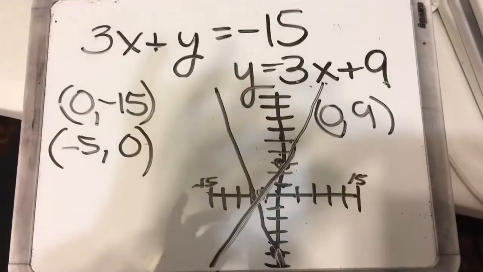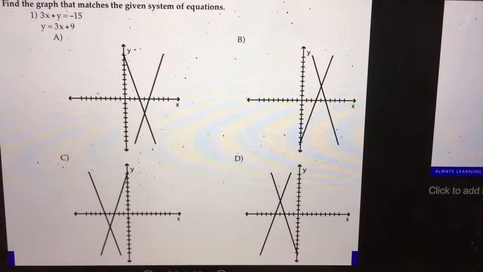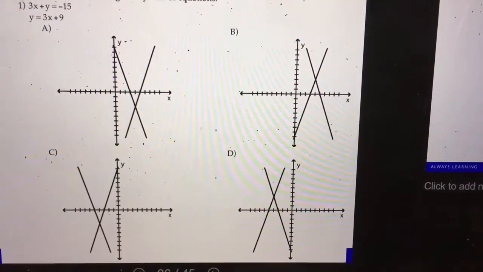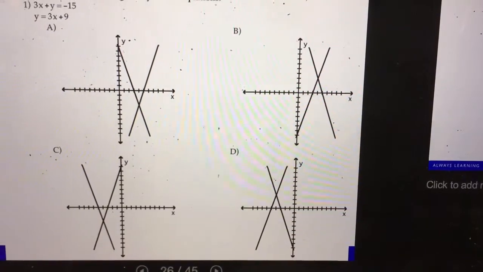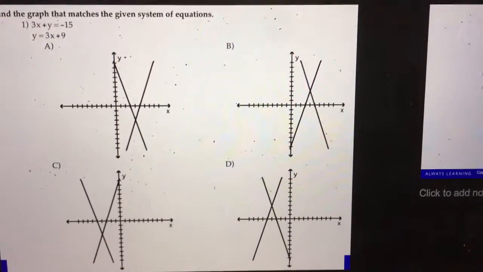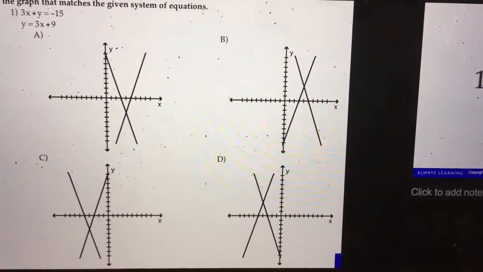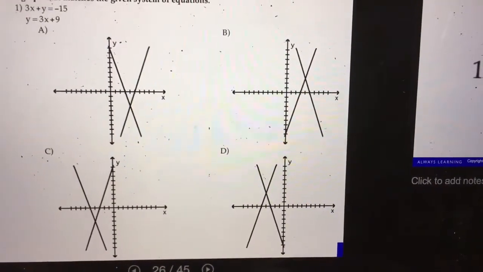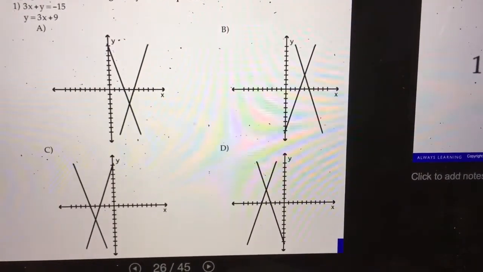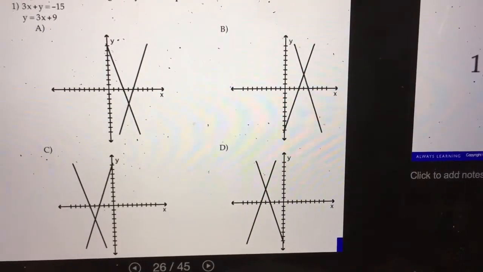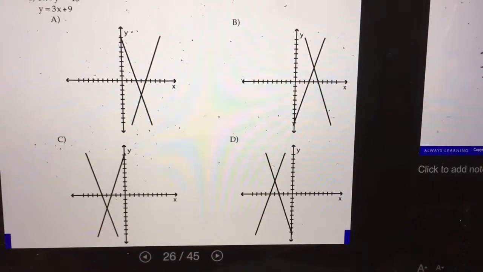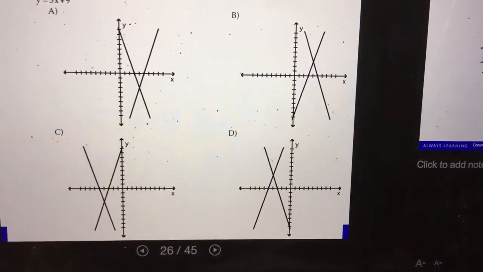So we're looking for a line that's crossing at 0, negative 15, and also at negative 5, 0. So if that's the same line, it's got to cross at 0, negative 15, and negative 5, 0.